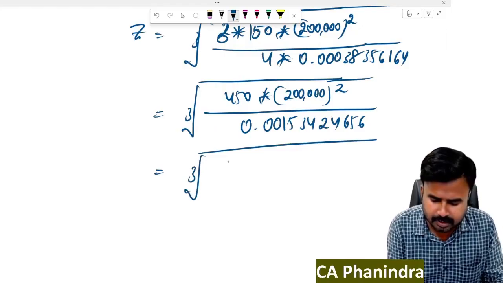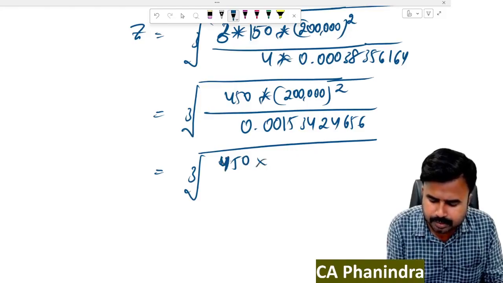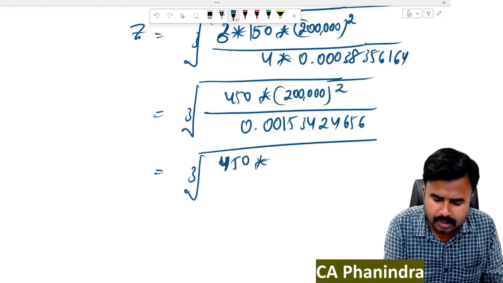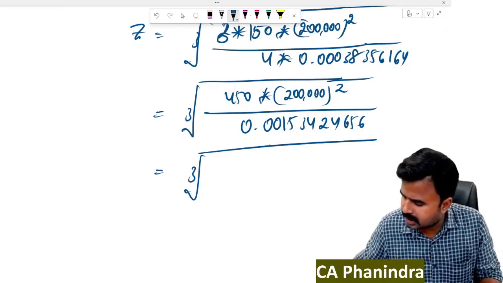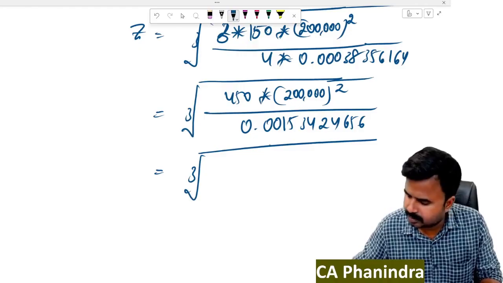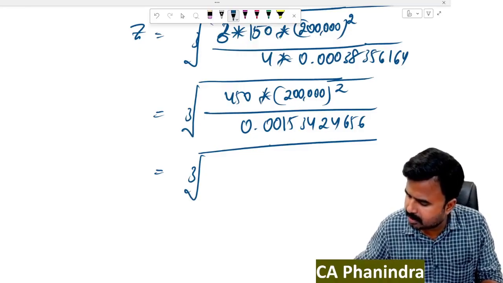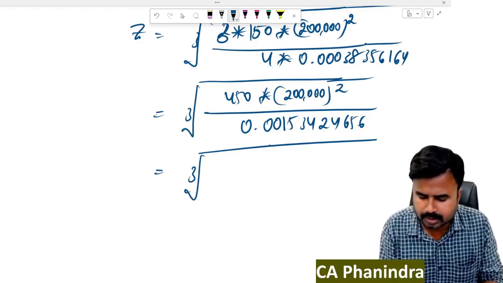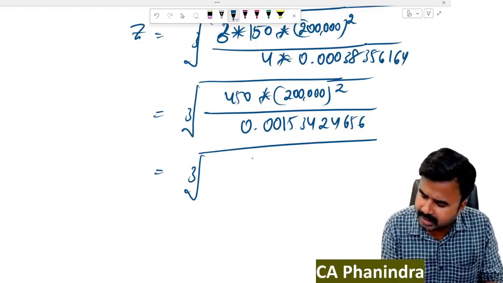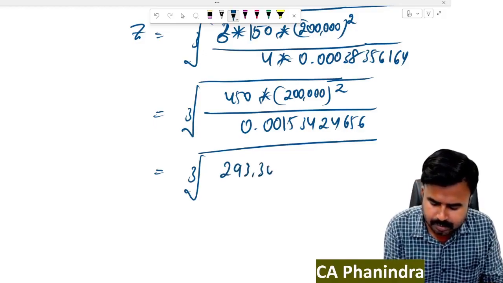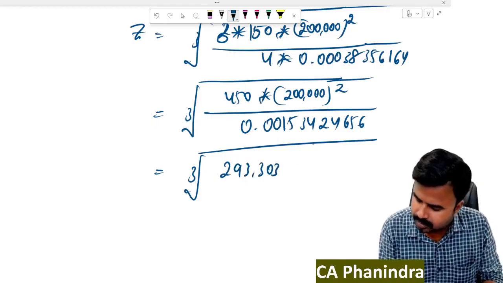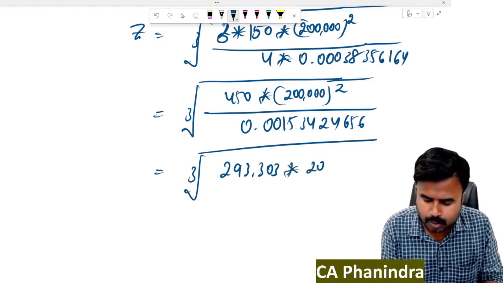Then apply the cube root of 450 divided by that number. I got 2,93,303, into 2 lakh square.